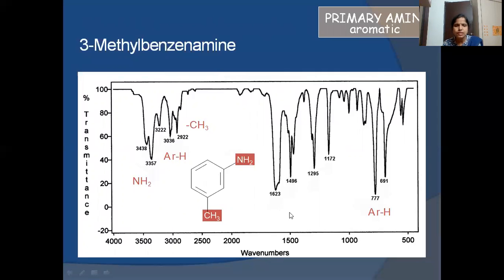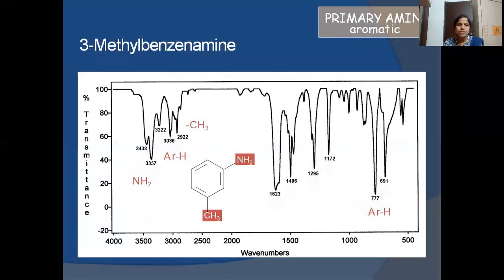And around 1600 also we have to look, because another point you have to remember is in aromatic systems, C double bond C stretching vibrations will appear around 1500 to 1600. So these two bands might be due to C double bond C stretching vibrations.